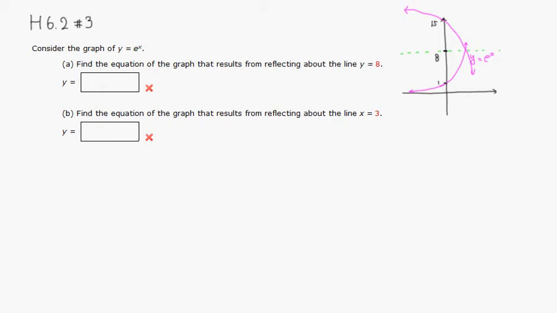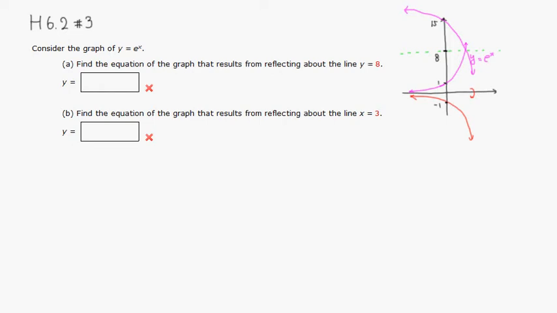First, instead of reflecting about y equals 8, we can reflect about the x-axis, which will give us this picture. This point right here is going to be negative 1.